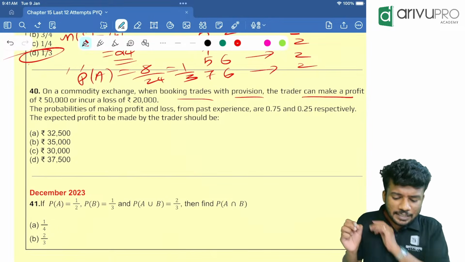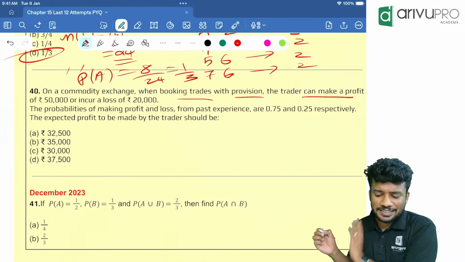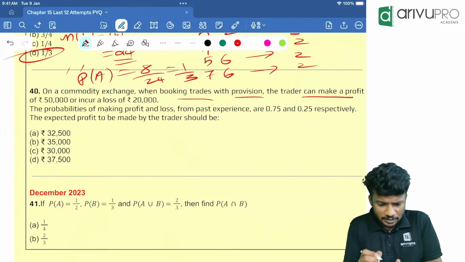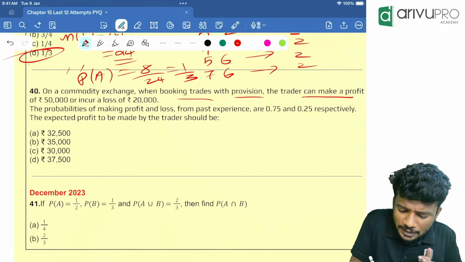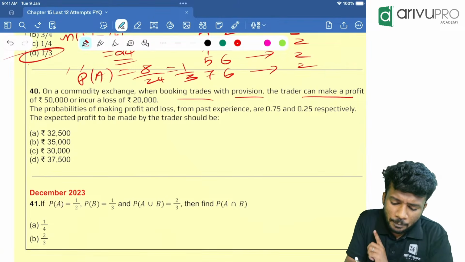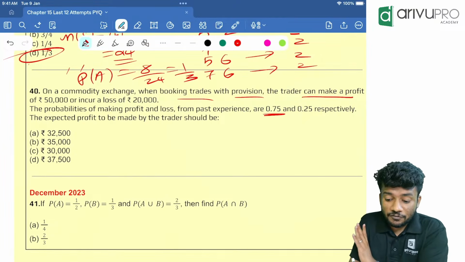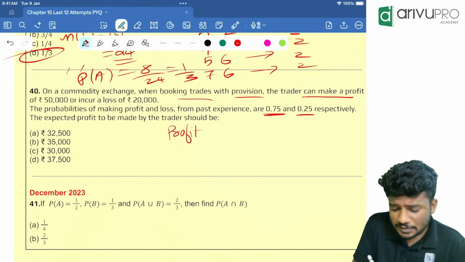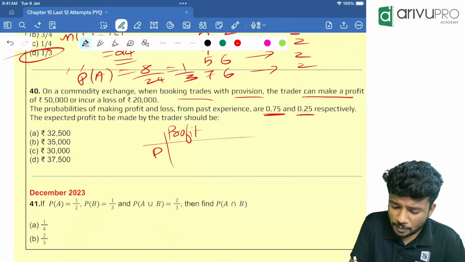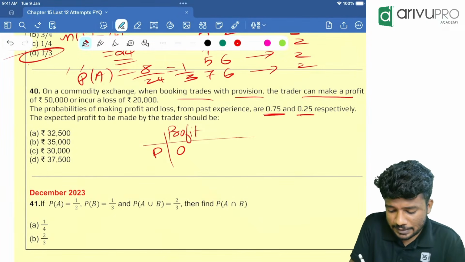On a commodity exchange, when booking trades with provision, the trader can make a profit of 50,000 or incur a loss of 20,000. Very easy type of question. The probability that the profit and loss from the past is 0.75 and 0.25 respectively. That means when profit is there, P of X is 0.75.